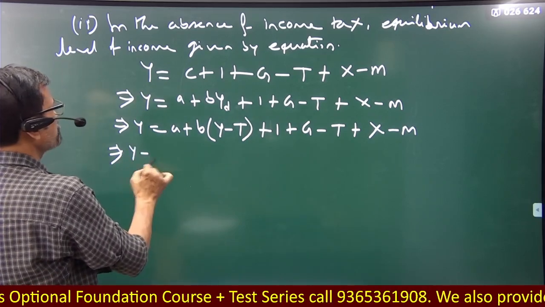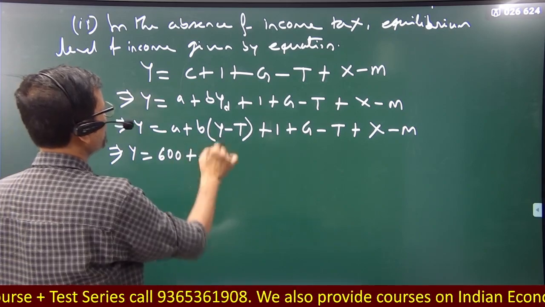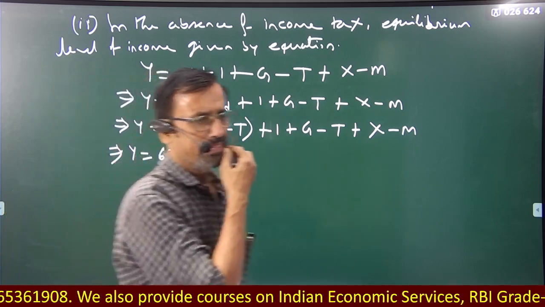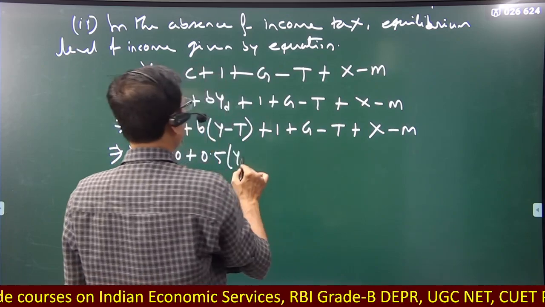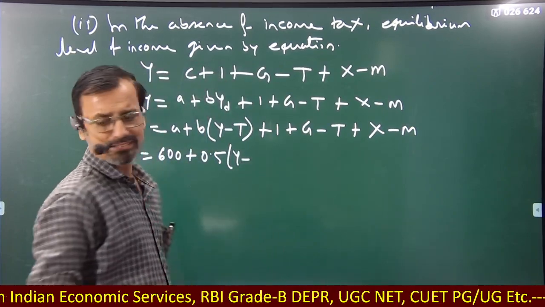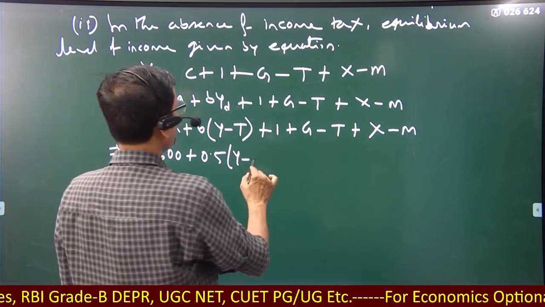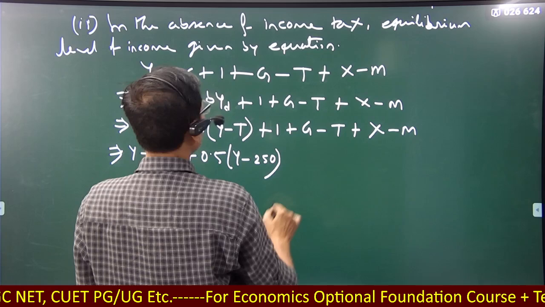So Y is equal to A, which means 600, this is autonomous. B, the marginal propensity to consume, is given 0.5, that is Y minus tax, tax is given 250.